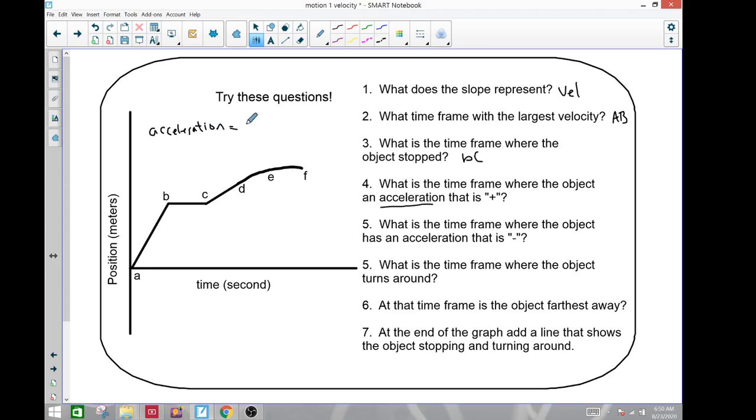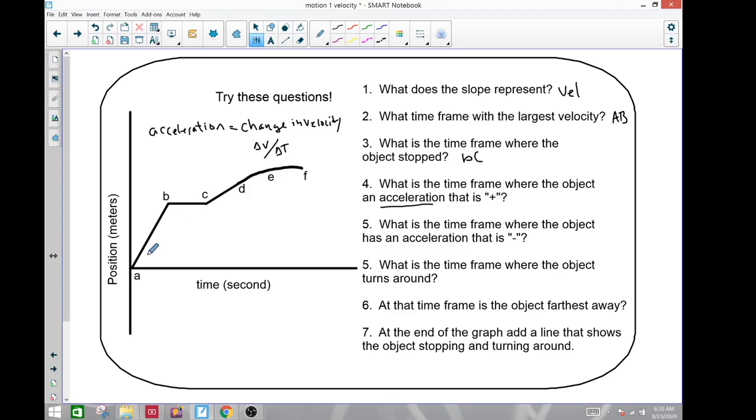We're getting a little deeper than we want to right now, but we'll do it. It's the change in velocity divided by the change in time.